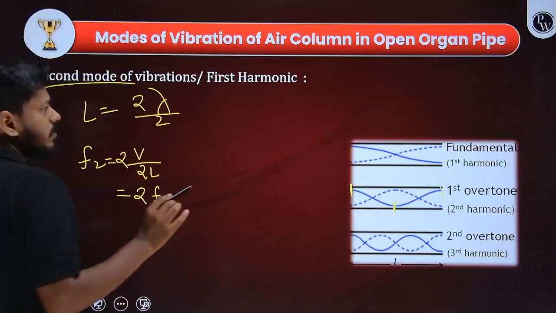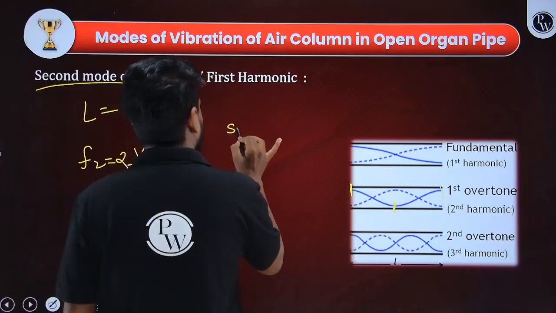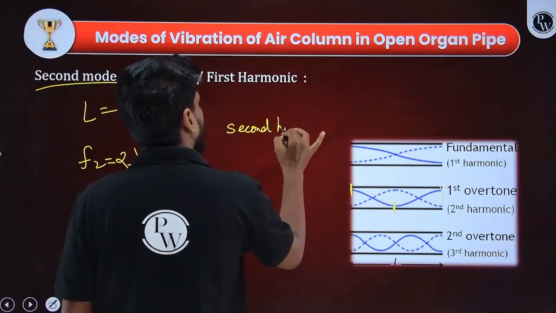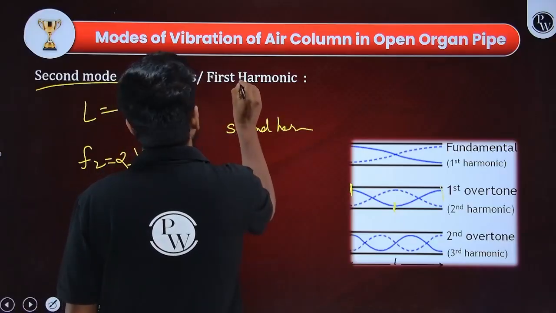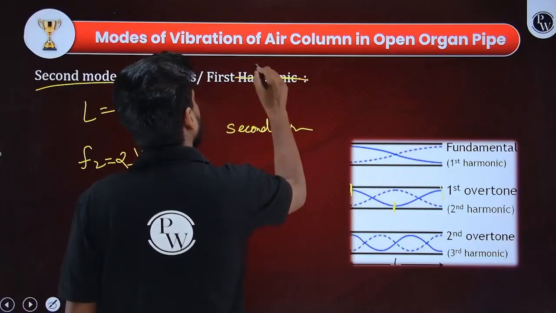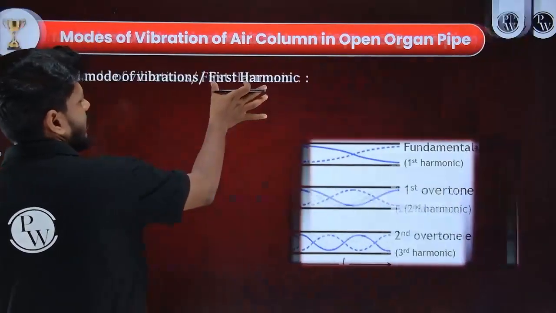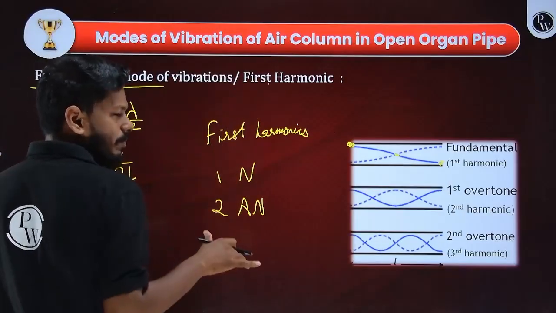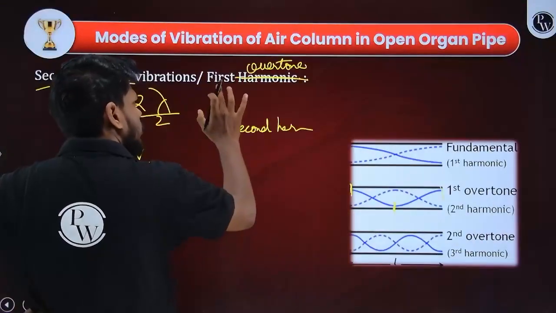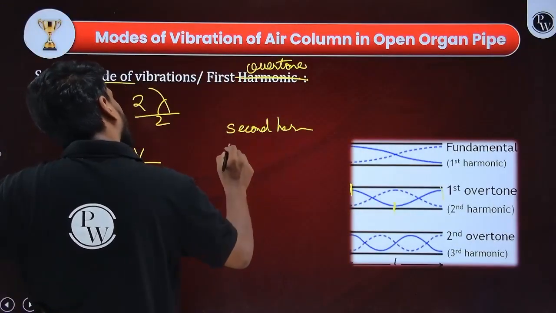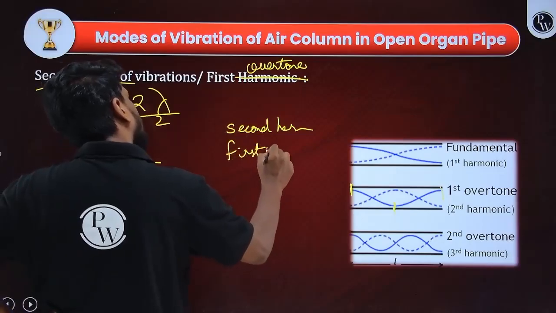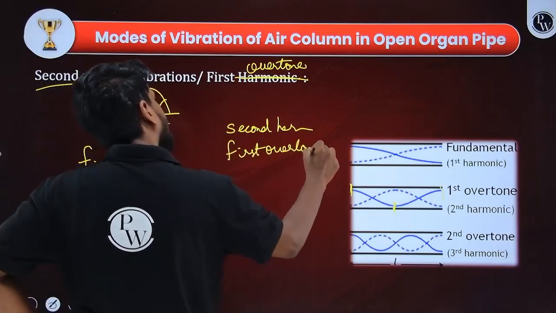Yes, but the only difference is this is called second harmonics and first overtone. They have just copy pasted things and made a mistake over here. So second harmonics is first overtone.